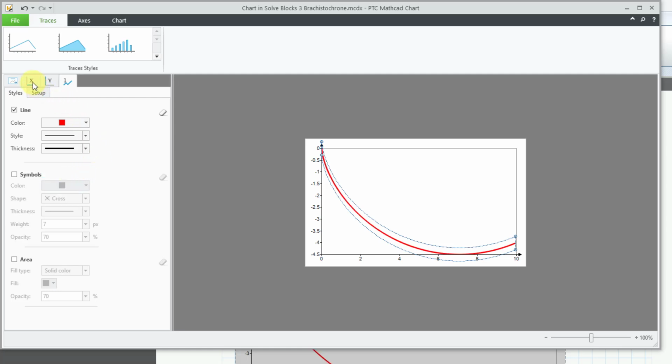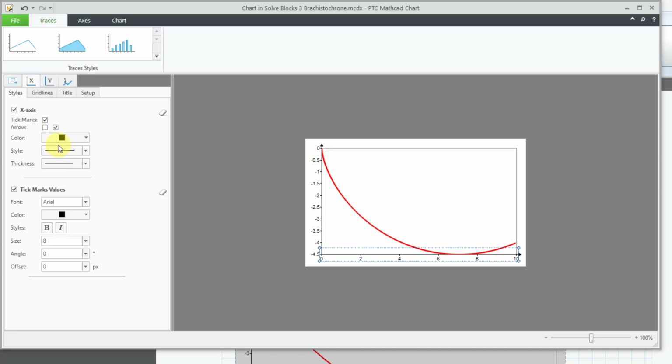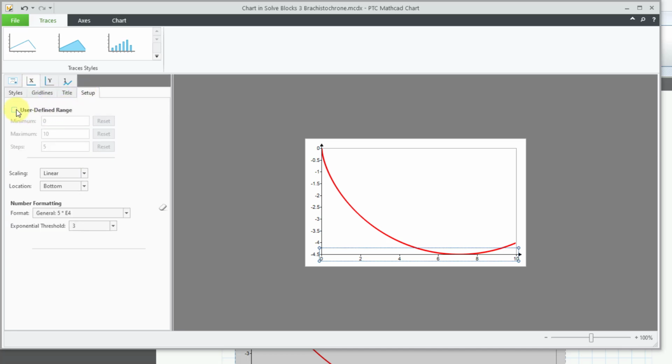Let me go to the X setup. I'm going to have this go from, let's do a user-defined range of -2 to 12. I just want you to see the whole entire graph, and let's do 7 steps. And let's also add some blank space on the y-axis.